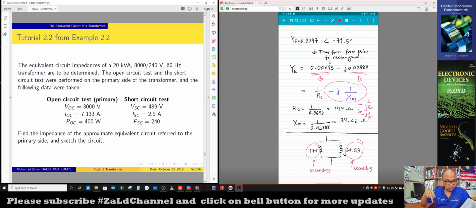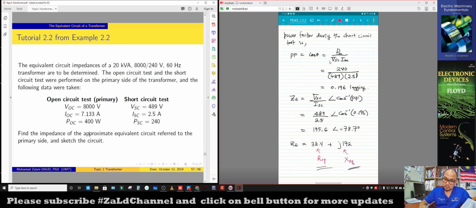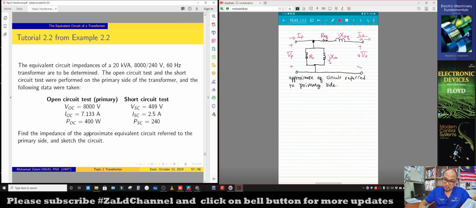Now we are going to convert this to the impedances referred to the primary side, the high voltage side.